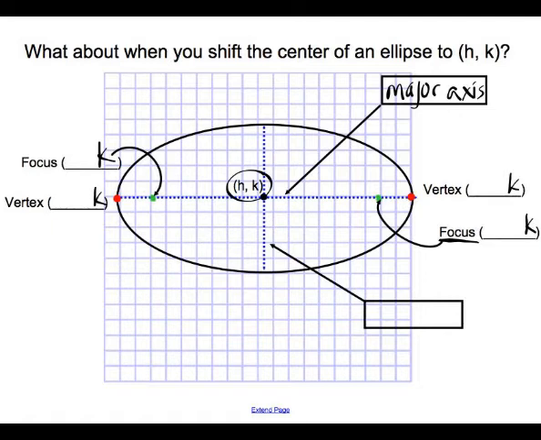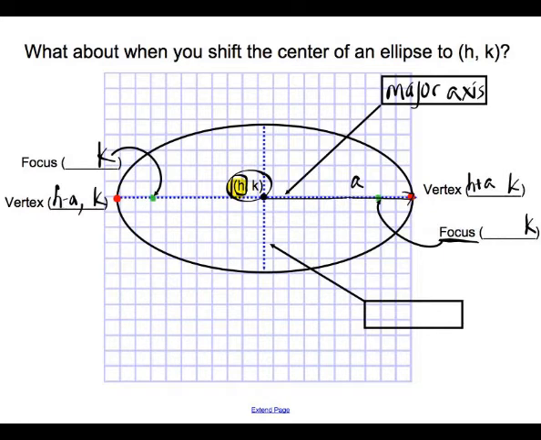But the vertex will be h plus a. And the reason for that, remember, is it's at h right now, but then we're going to go across in this direction a distance of a, which represents the major axis sort of radius, the distance to that vertex. And then, of course, going the other direction, same idea, but the other vertex is h minus a. We're going to go a to the left instead.